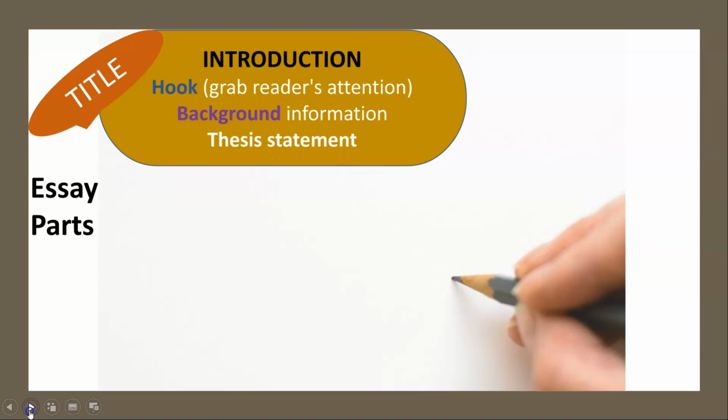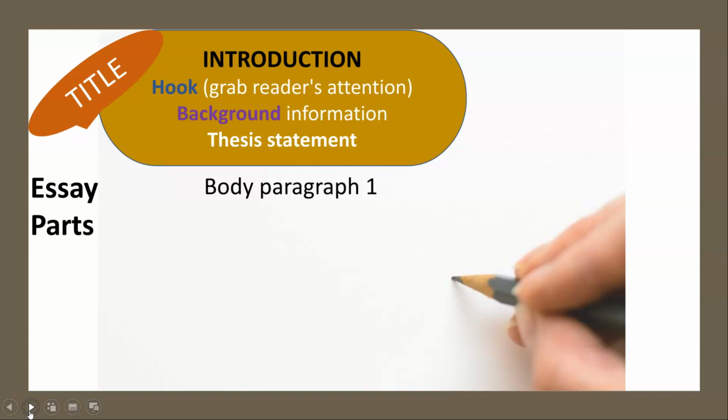The thesis statement will be explained later on, but you need these three things for a solid introduction: a hook, a background, and a thesis. What order you decide to write this in is totally up to you.